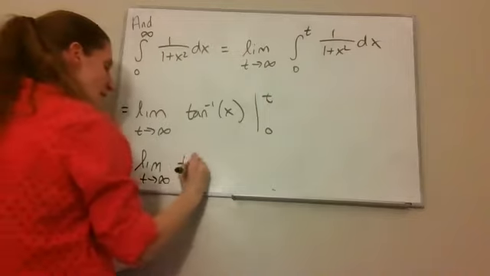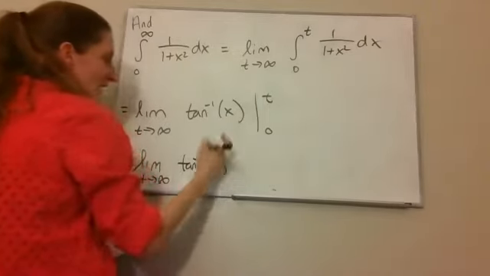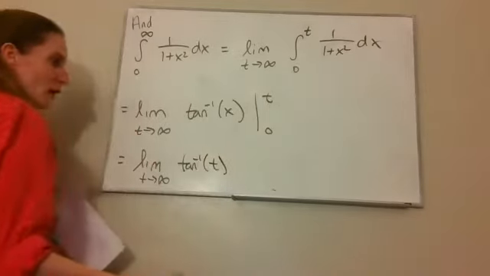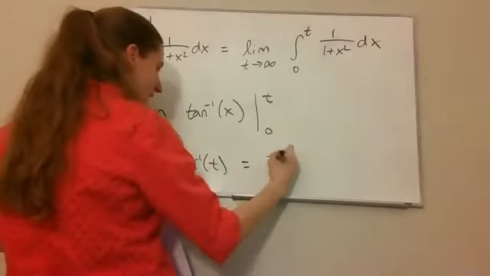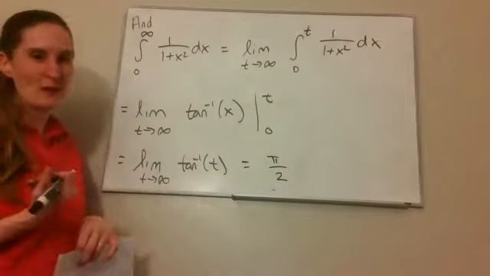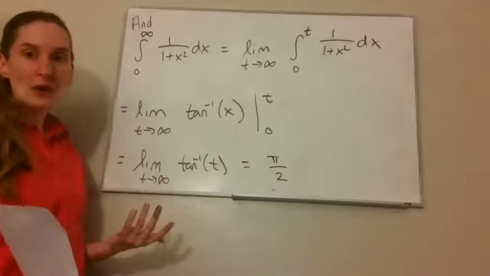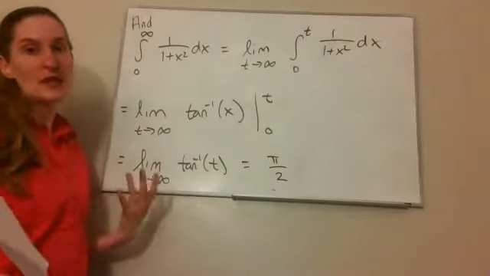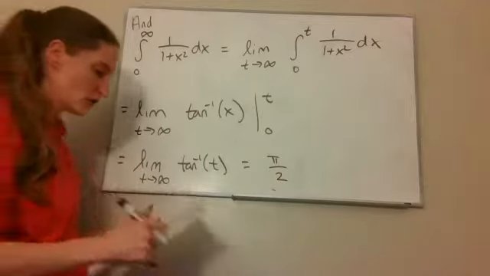So I get my inverse tangent of t, and then minus inverse tangent of 0, which is 0. This limit gets me pi over 2. That's my other horizontal asymptote. So both of my improper integrals equal pi over 2, and they're convergent.